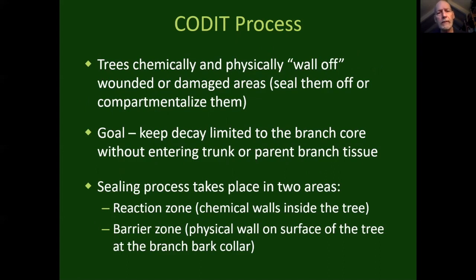So in the process, you have a chemical process occurring inside the tree where it's trying to wall off or compartmentalize the wound area so that bad stuff can't get into the interior of the tree. And this sealing process takes place, as I mentioned, both inside the tree and what they call the reaction zone, and outside the tree in what's called the barrier zone, and we'll look at that.